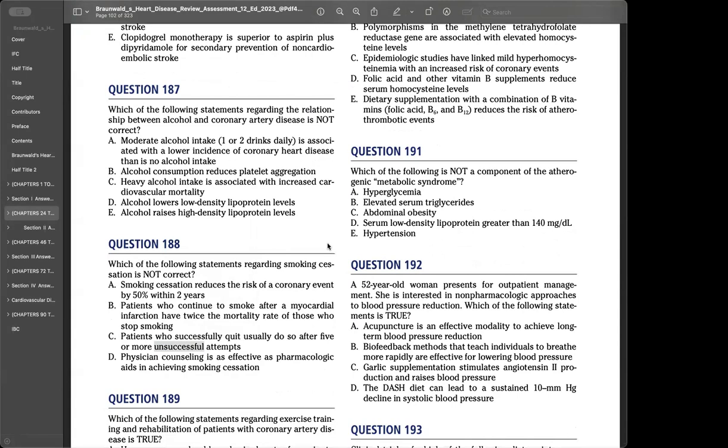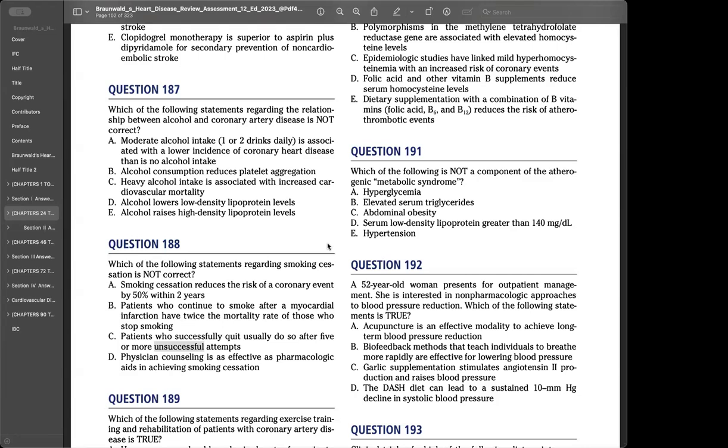Which of the following statements regarding the relationship between alcohol and coronary artery disease is not correct? A, moderate alcohol intake, 1 to 2 drinks daily, is associated with lower incidence of coronary heart disease than in no alcohol intake. B, alcohol consumption reduces platelet aggregation.